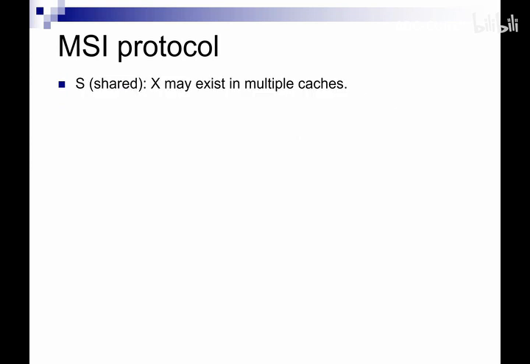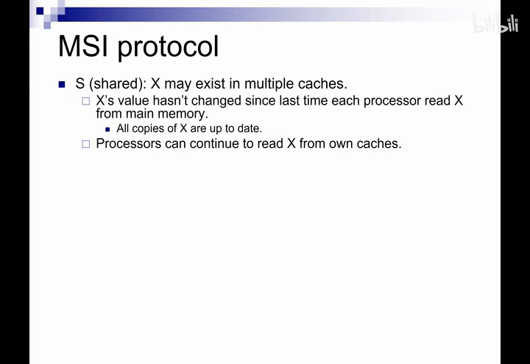Before I show you the actual protocol, let's talk some more about these different states. First of all, the shared state. If a variable is in the shared state, then it's actually in multiple caches at this time, and this variable has the same value in all of these caches.